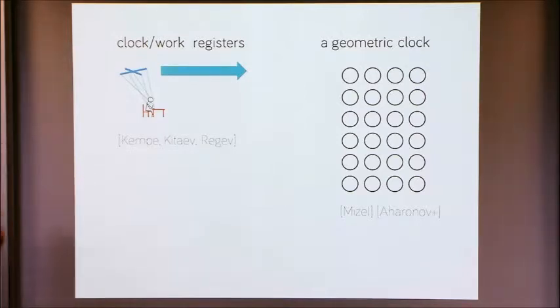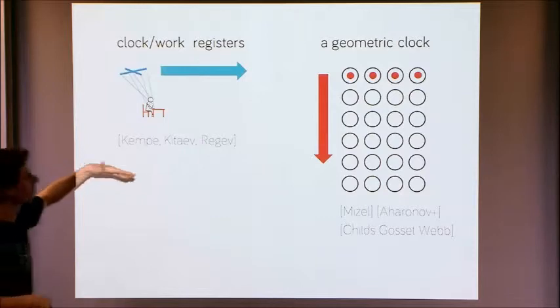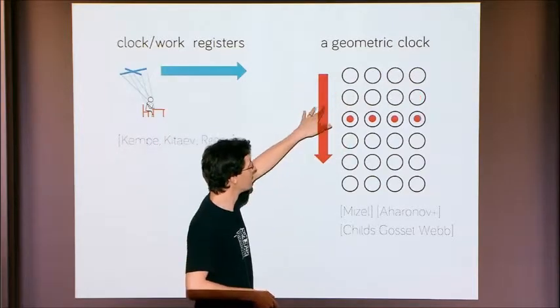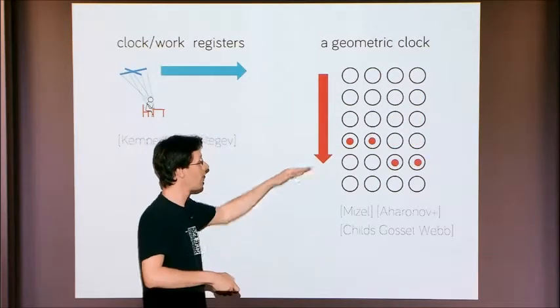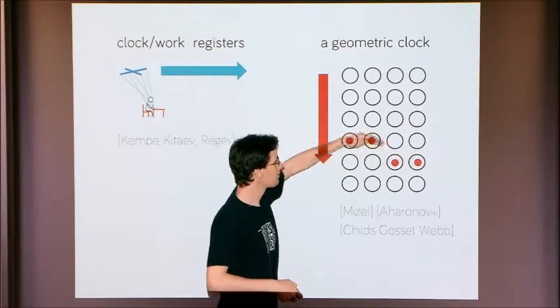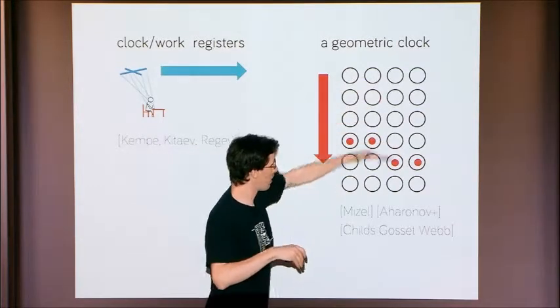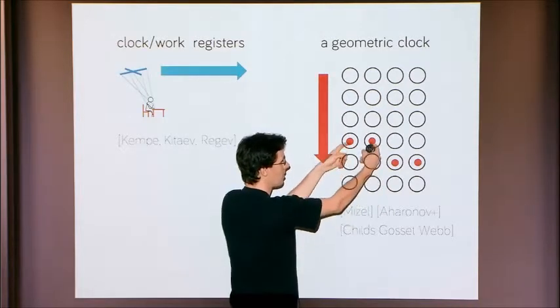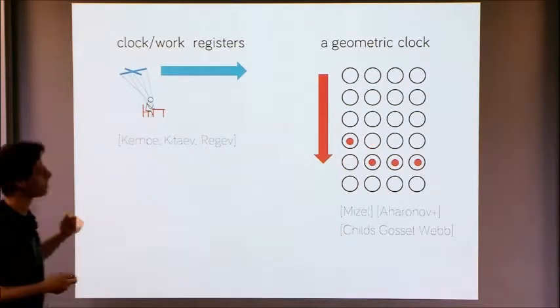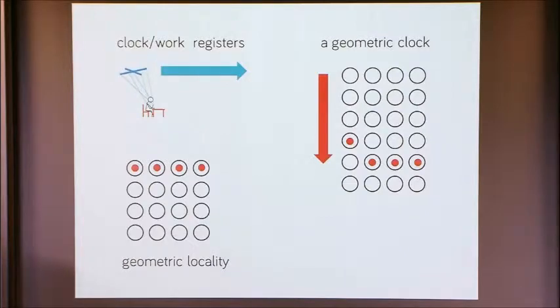That's in constructions by Ari Mizel and Dan Lidar, or for example in the universality of adiabatic quantum computation by Dorit and Zef and others, where we got particles that are jumping down the grid, maybe together, maybe one by one, and where the particles are is my data that runs through a computation, and as it jumps, it gets computed on. So this is a geometric clock construction. And also, 2 days ago we were discussing whether something like this works on a general graph, where it's really just anything connected to anything.